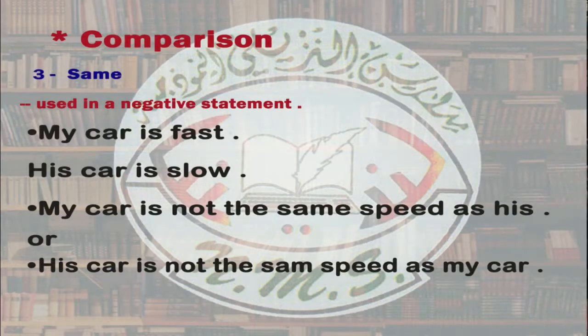For example, my car is fast. His car is slow. With the same, we say, my car is not the same speed as his, or his car is not the same speed as my car.